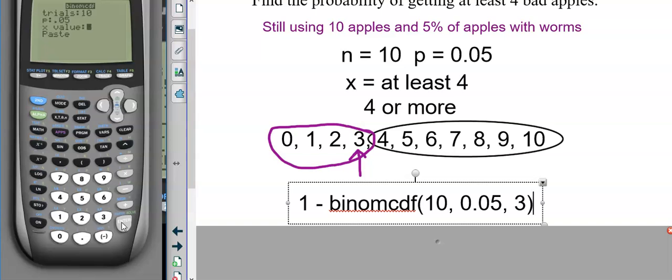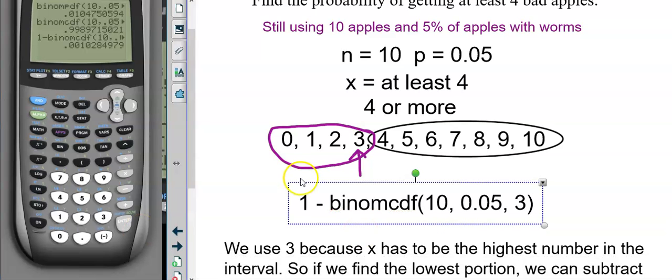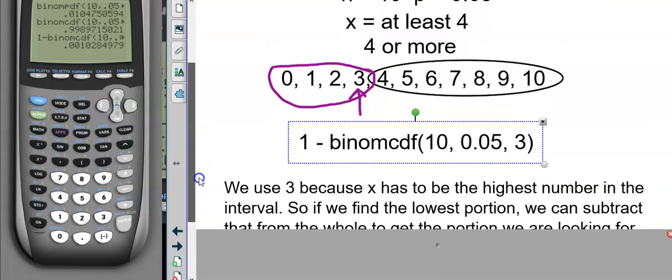We get 10, so pretty much everything's still the same. So it's 1 minus the binomial CDF(10, 0.05, 3). Let's hit enter here, guys, and see what the answer is. That's the right answer, that's what we need.